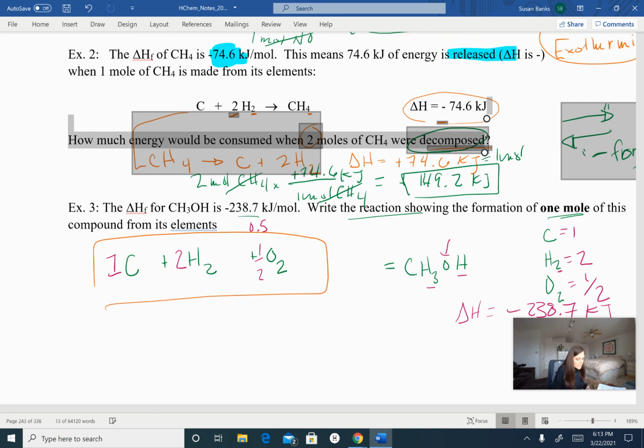I'm going to have you create equations going forwards and backwards. Remember, backwards, the heat of formation is just the negative value. Okay? So have a good time doing this, and then next time we're going to start using Hess's law, which is a really interesting way of using this table to figure out reactions that we can't really do in the lab.